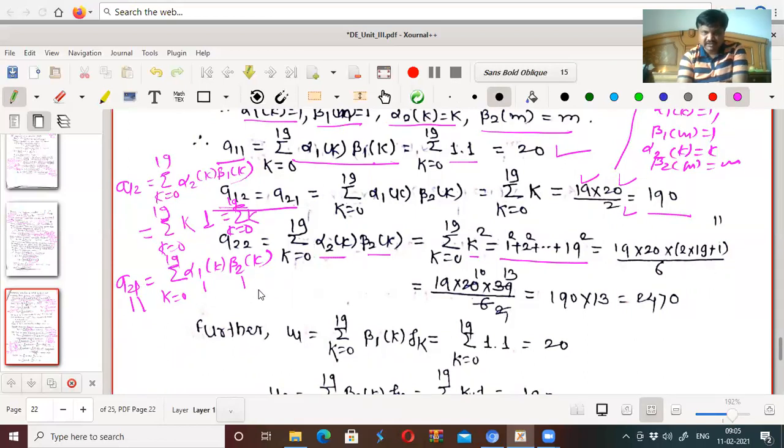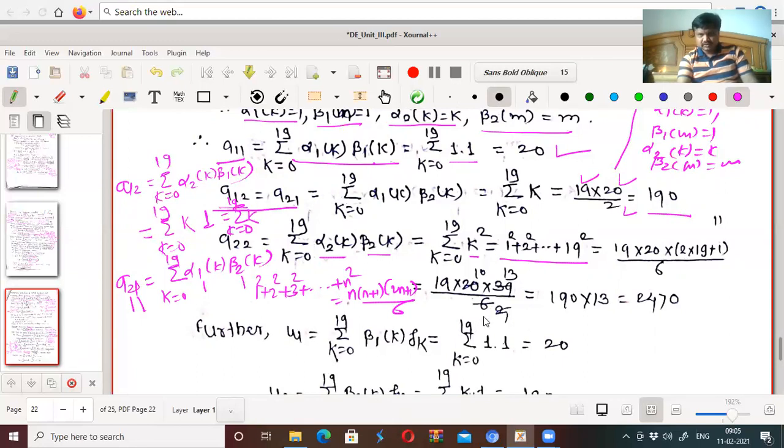Which formula do we use here? 1 square plus 2 square plus 3 square plus up to n square. Its formula is n into n plus 1 into 2n plus 1 divided by 6. So it is 19 into 20 into 2 into 19 plus 1 upon 6. That is 19 into 20 into 38 plus 1, 39, divided by 6.